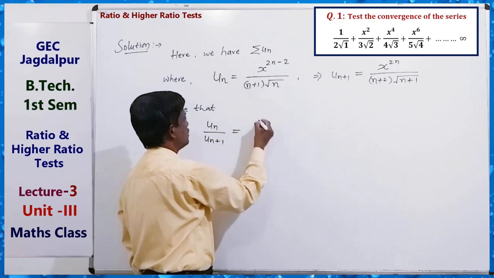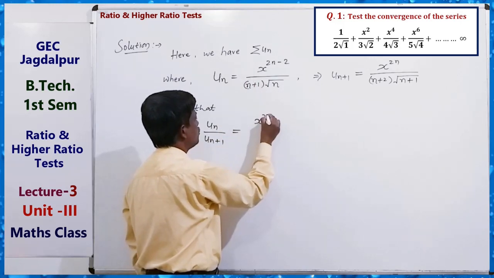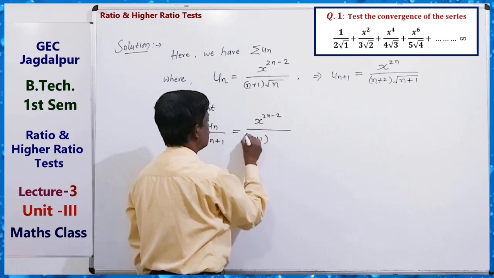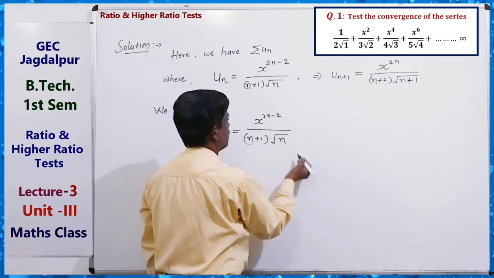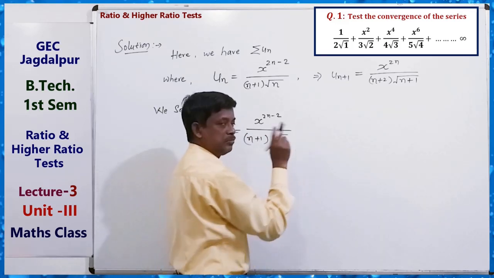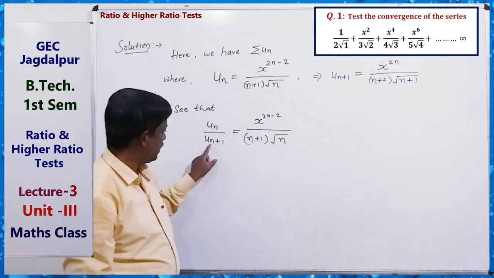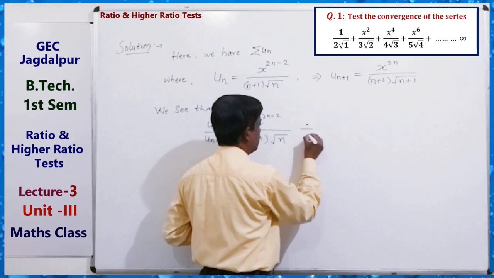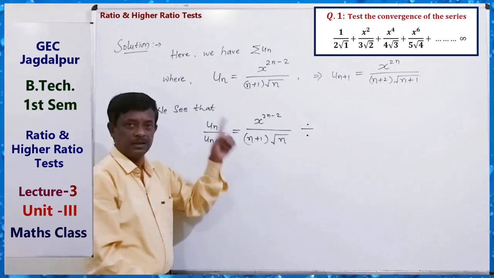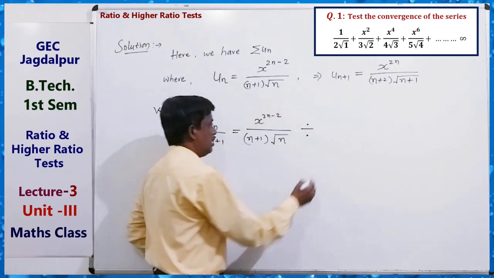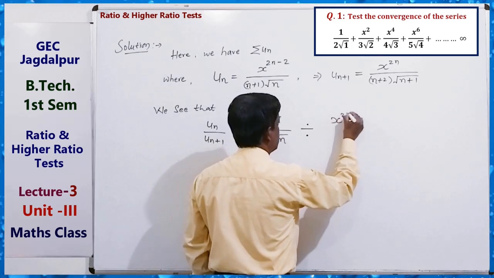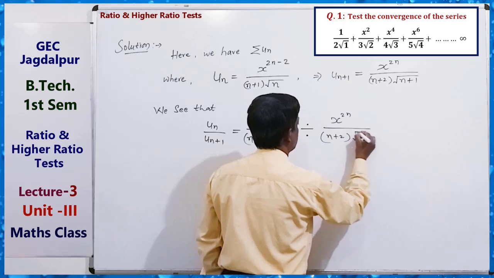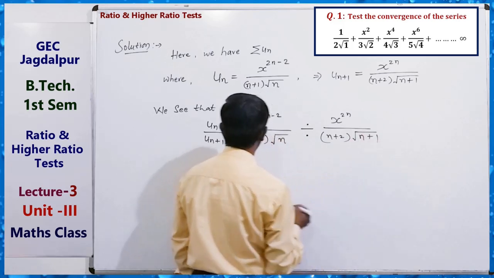Un means x to the power 2n minus 2 upon n plus 1 root over n, divided by un plus 1, which is x to the power 2n upon n plus 2 root over n plus 1.